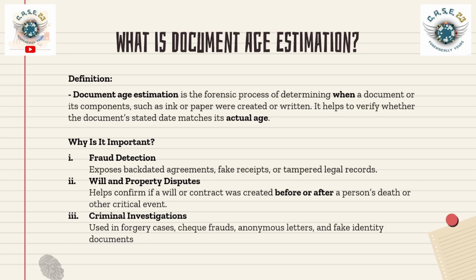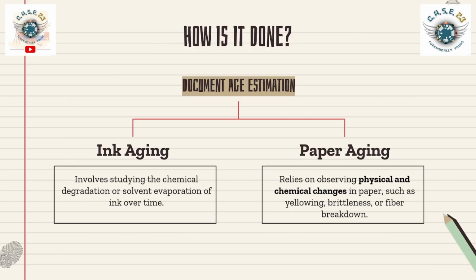In many cases, people try to create a will after someone's death but claim it was written earlier. Age estimation helps prove whether this was actually created before or after that critical event. Then lastly, it is mainly used in criminal investigations like forgery cases, check frauds, anonymous letters, and fake ID documents.